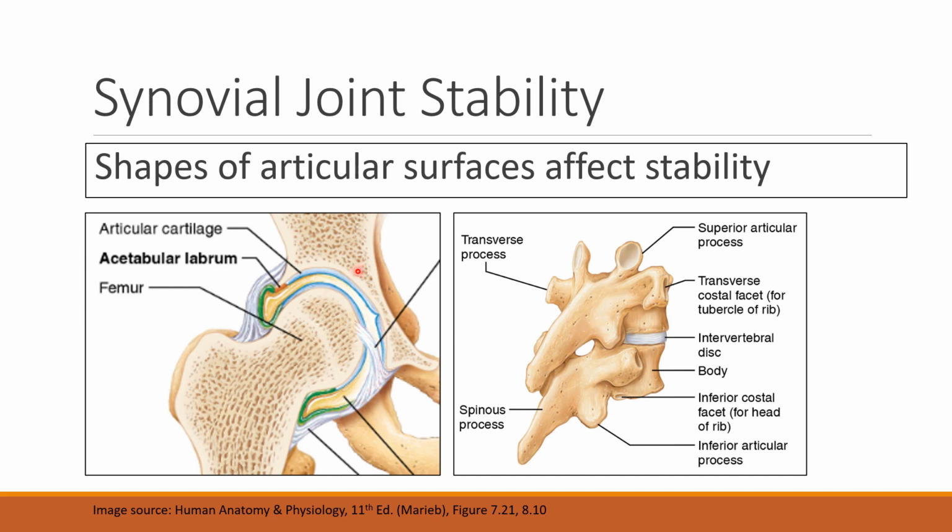It's a ball and socket type joint, so there's a lot more stability just because of the shapes of these surfaces, compared to these over here, where you have facets, which are very flat, without much interaction between the two bones. So it's less stable compared to this hip joint.